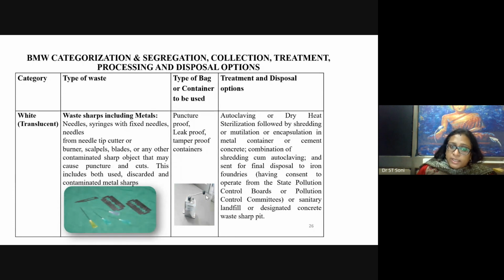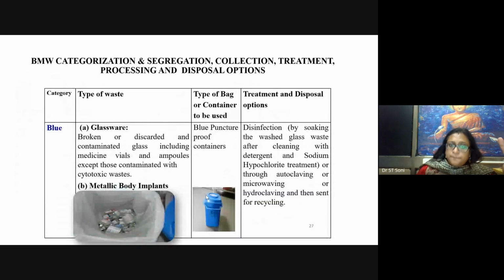So that's why there are two categories of the sharp waste. One is specific for the glassware, and the second is specific for the sharp waste which is made of metal. So they will go to the iron foundry. The entire thing has been conceptualized in such a way that it is linked with its final disposal. So if you mix them, then its final disposal will be affected and the purpose will not be served.